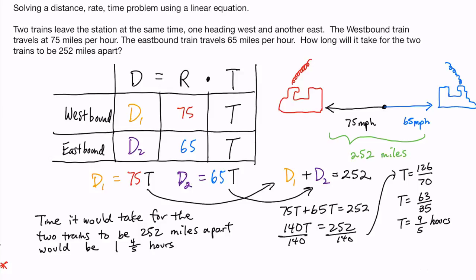Now, if you wanted to convert that into minutes, you would say 1 hour and let's divide 60 divided by 5, which is 12, and then 12 times 4, which is 48 minutes. So 1 hour and 48 minutes.